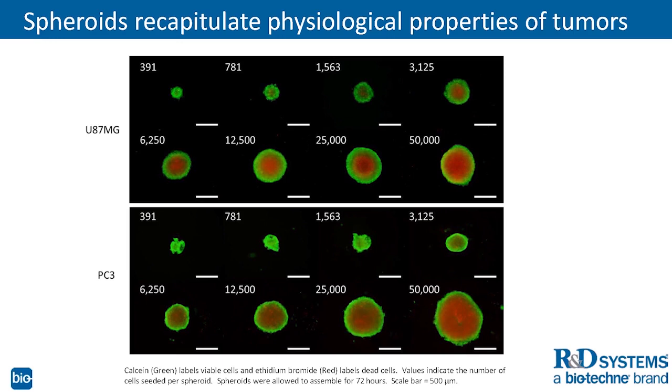In dead cells, a lot of times the plasma membrane becomes compromised, allowing the ethidium bromide to diffuse into the cell and intercalate the DNA. Whereas with viable cells, the ethidium bromide cannot diffuse in through an intact plasma membrane.